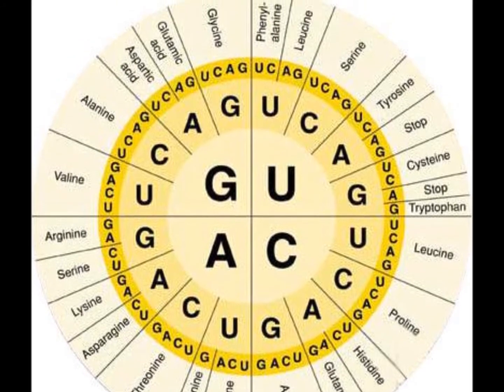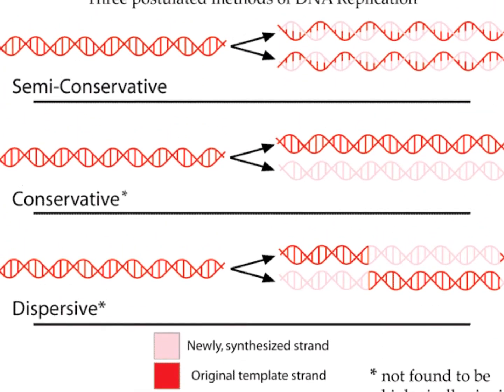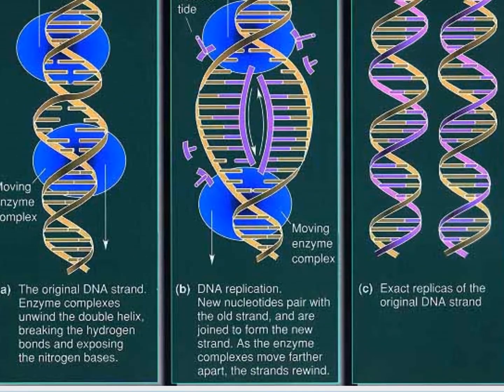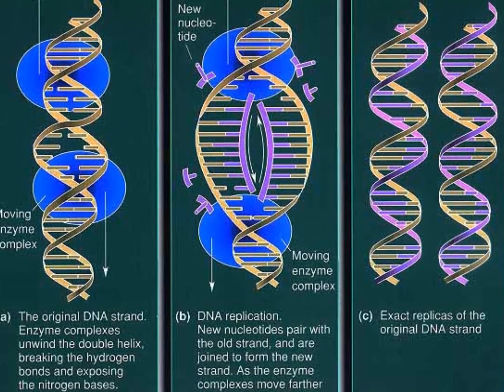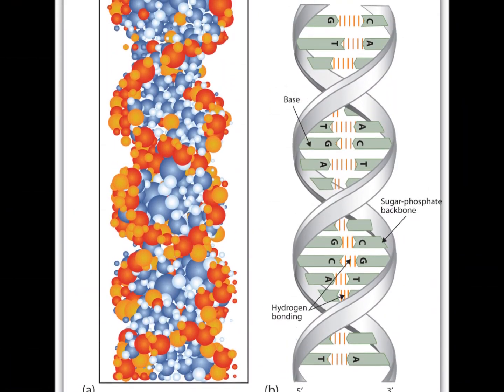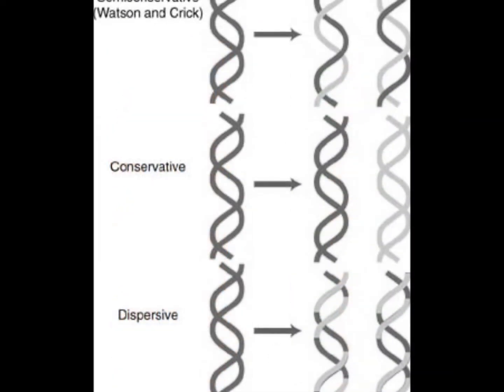The testing of the theory was accomplished by American molecular biologists Matthew Meselson and Franklin Stahl in 1958, known as the Meselson-Stahl experiment. Three theories of how DNA replicates came out of their work: the semi-conservative, conservative, and dispersive. The semi-conservative replication produced two copies that each contain one of the original strands and one new strand.